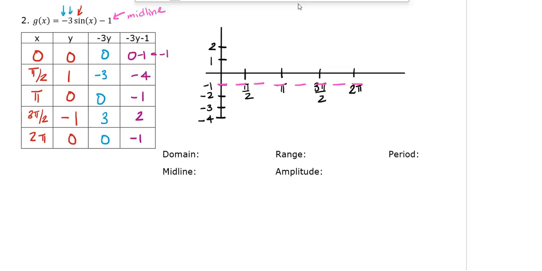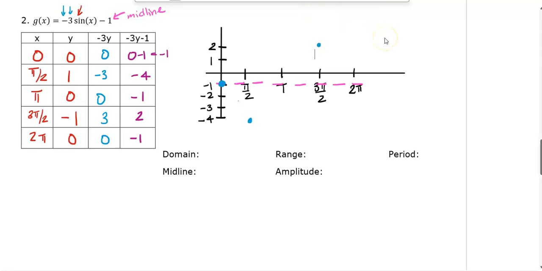And now I'm going to go ahead and graph my function. So I'm going to plot these points. I'm going to plot 0, -1. So at 0, we're at -1. All right, and then at pi over 2, I'm at -4. So at pi over 2, we're down here at -4. At pi, I'm at -1. 3 pi over 2, we're at 2.